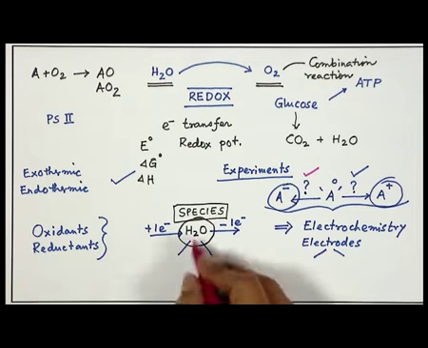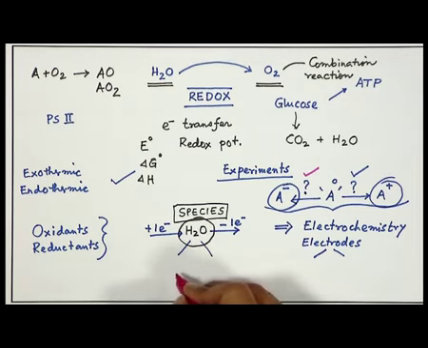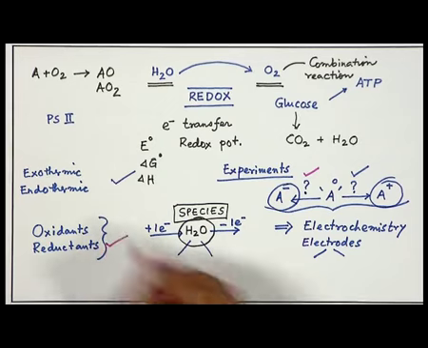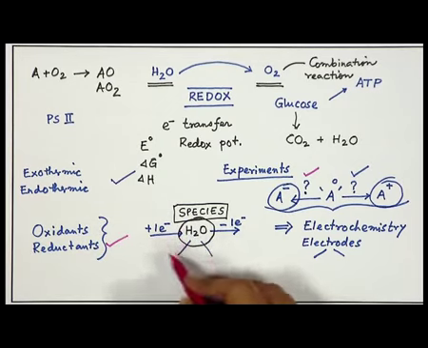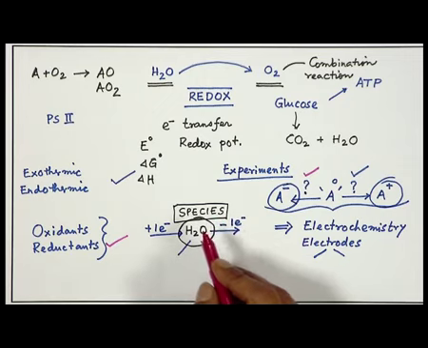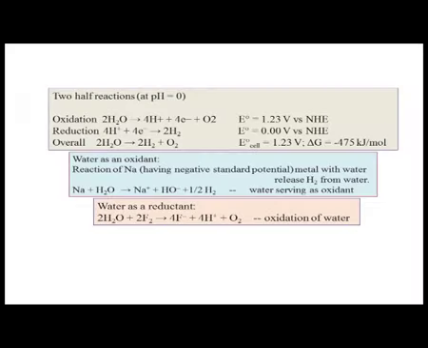So, we are talking here about water being used as a reductant. So, water itself will be the reductant. Some species will be there which can function as an oxidant during the reaction of this H2O.